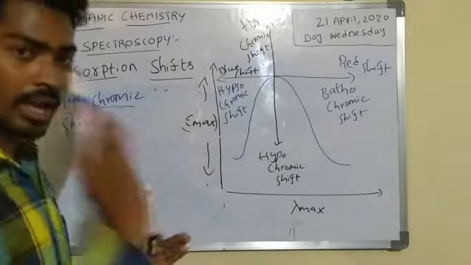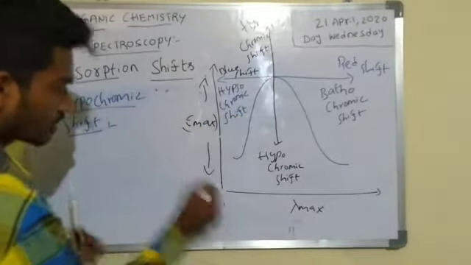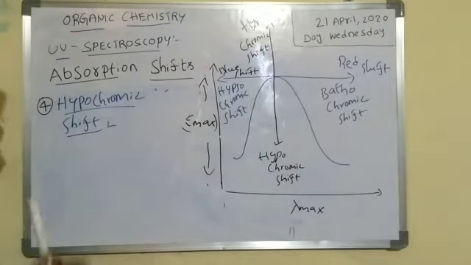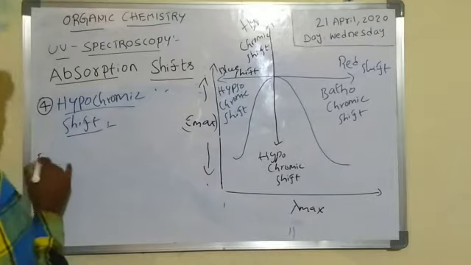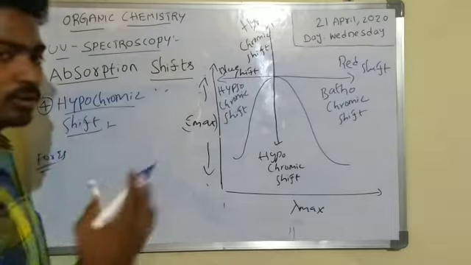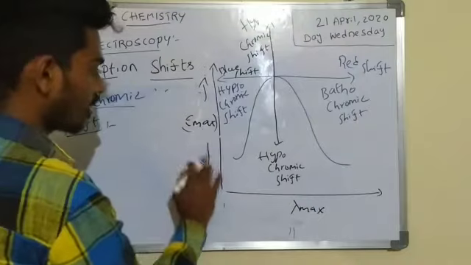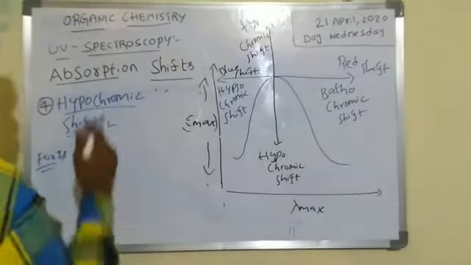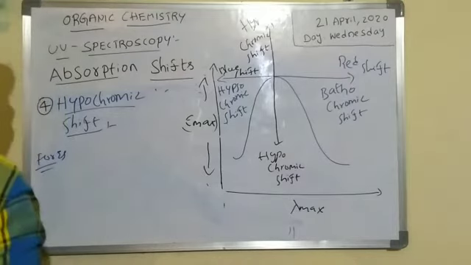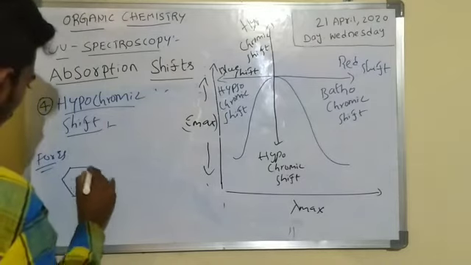Hypochromic shift is an effect due to decreasing the intensity of absorption maximum. It is called hypochromic shift. Now you can see the example of hypochromic shift. For example, the biphenyl group.